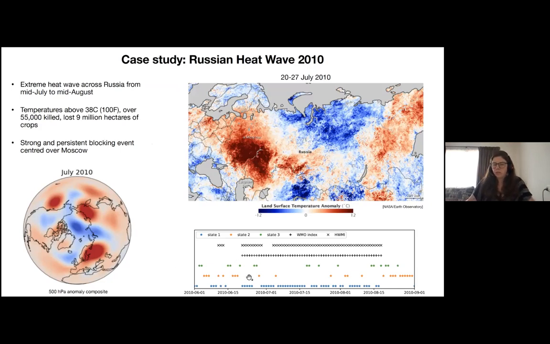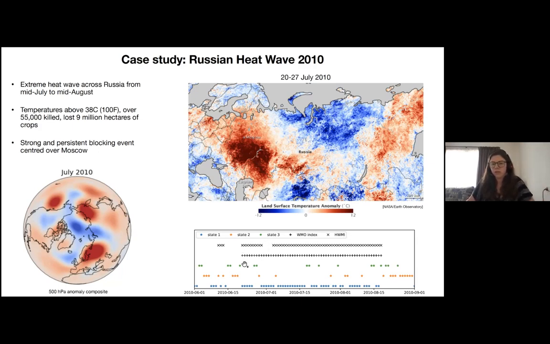And so here I'm just showing how our model represents this. This is pulling out our state affiliations in the colored stars during that 2010 Northern Hemisphere summer, also with some computed indices for a heat wave, the WMO index and a heat wave magnitude index, two different ones.